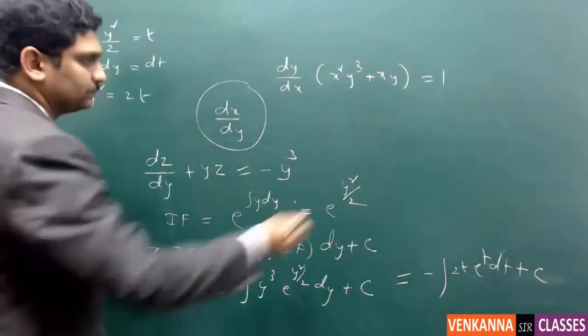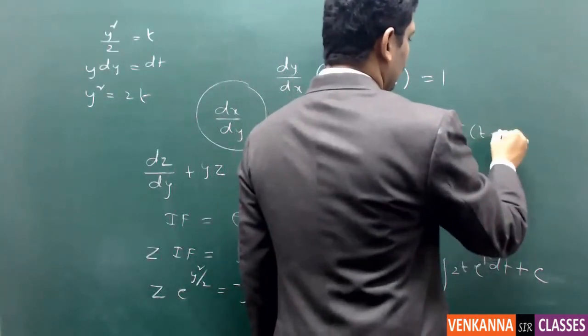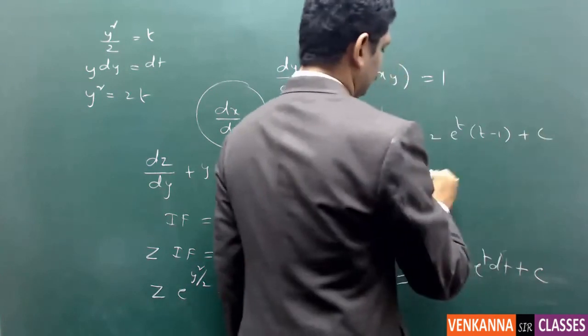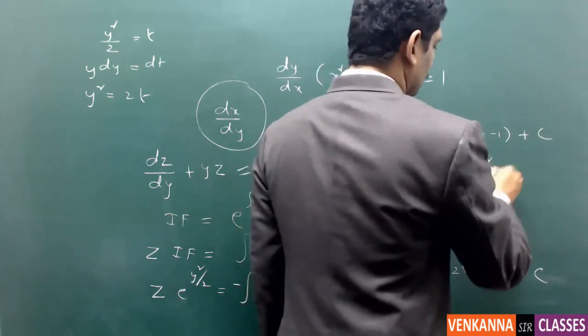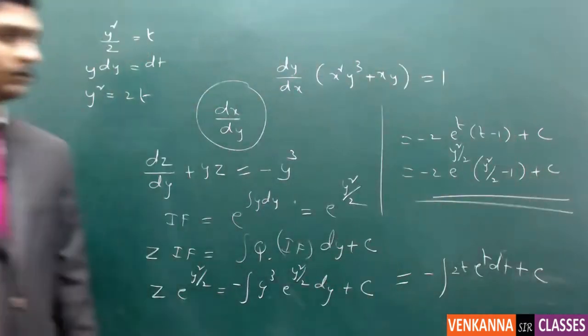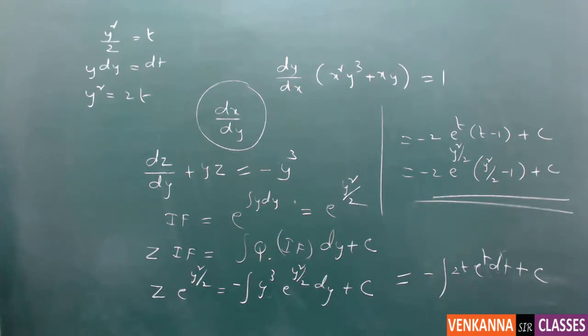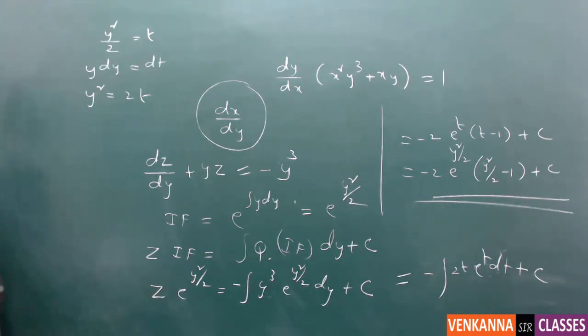So minus 2 into e power t into t minus 1 plus c. So that was the final answer. And in place of z, you can substitute 1 by x. Z is nothing but 1 by x. So please take the answer one more time.